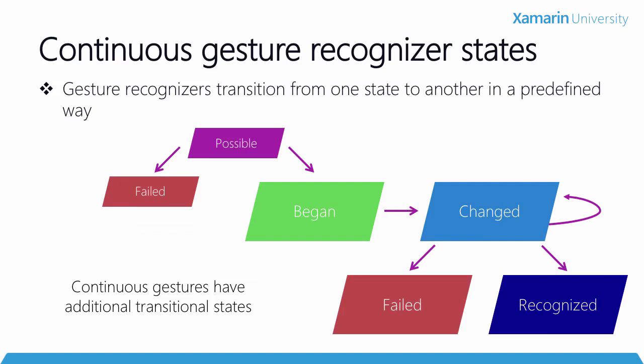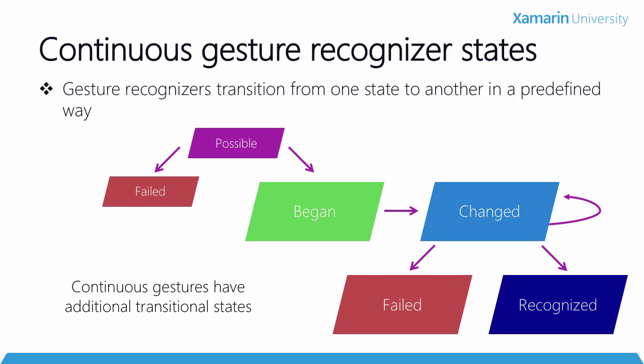As just shown, the gesture recognizer runs a state machine as it progresses through the detected states. And we're going to look at an alternate state machine for continuous gestures. You'll notice there are a few additional states. But again, it starts in the possible state, and once the user begins, it will change to the began state.